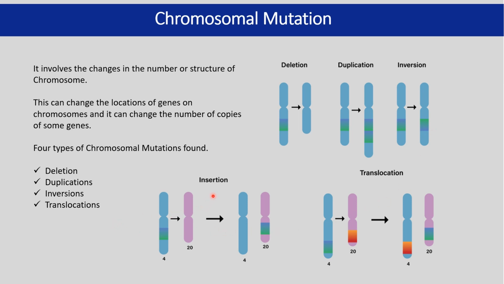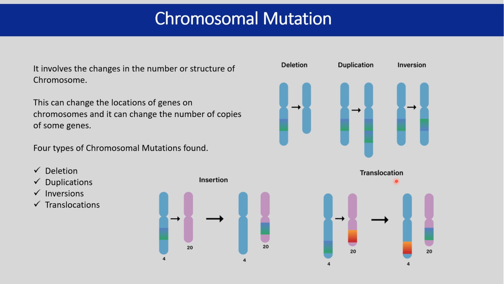So there is insertion. In insertion, this happens between two different chromosomes. Some part of a chromosome can get inserted into another chromosome. So you can see it very clearly here. Now this portion of chromosome 4 has been inserted in chromosome 20. So translocation.